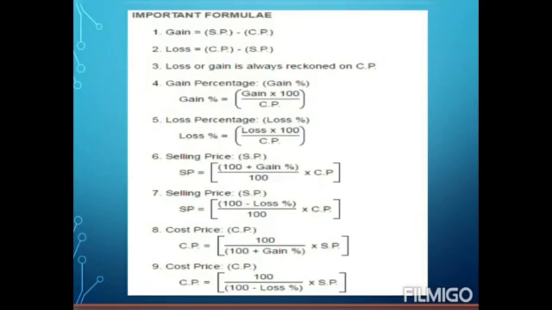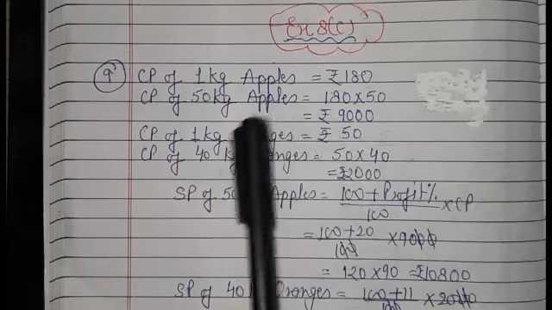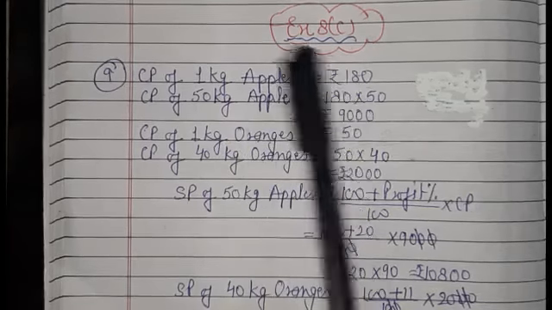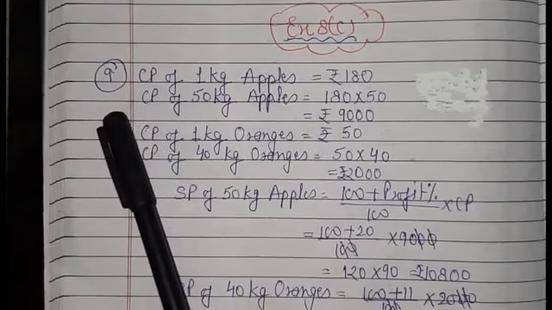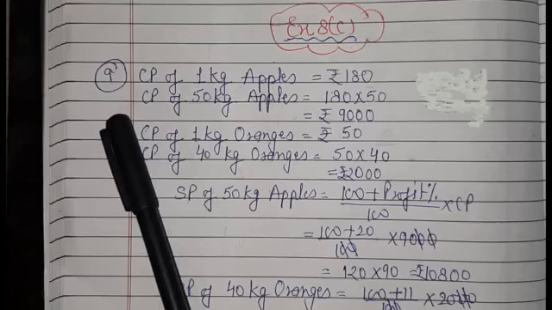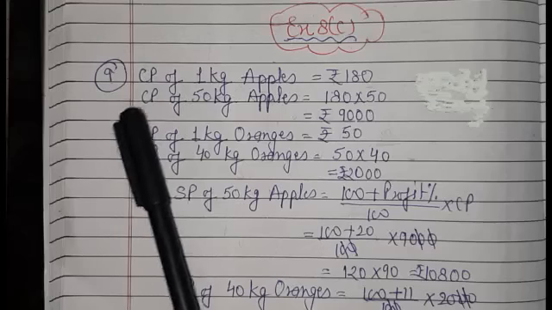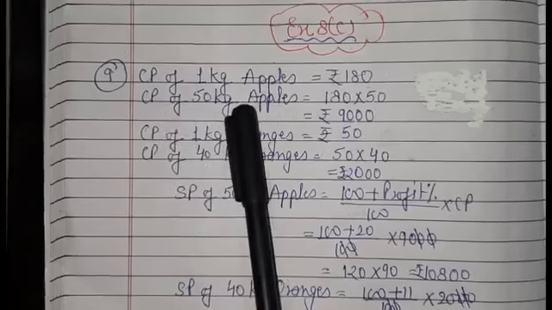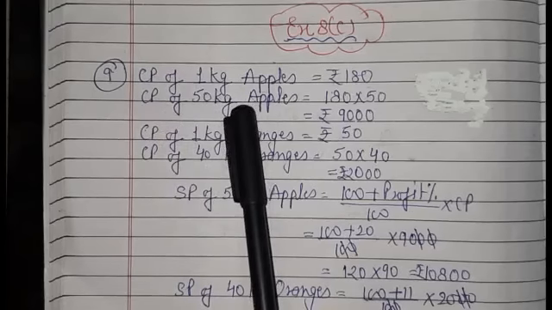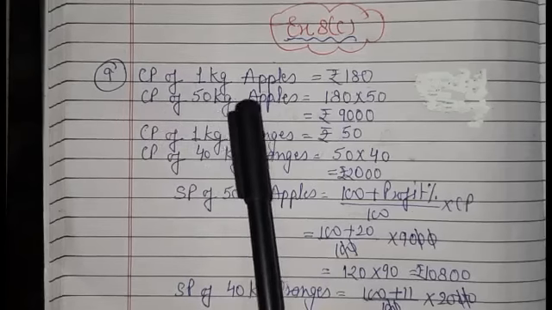To solve exercise 8C, first you have to learn all these formulas. Today I will continue with exercise 8C, 9th numerical. In that, a fruit vendor bought 50 kilogram apples and 40 kilogram oranges. He bought apples at the rate of rupees 180 per kg, and oranges at rupees 50 per kg.